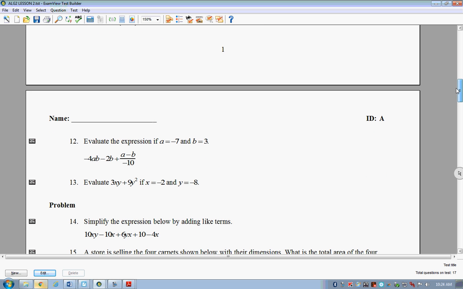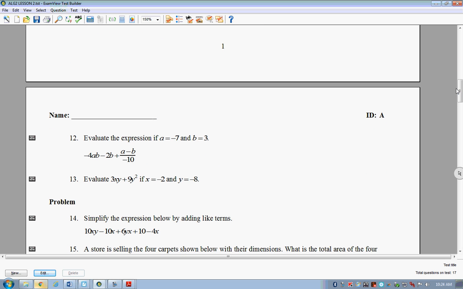You guys feel good about those? Yeah, keep in mind that like on number 12 here, because it's division there, it's under a set of parentheses, or at least this is a set of parentheses. Okay?